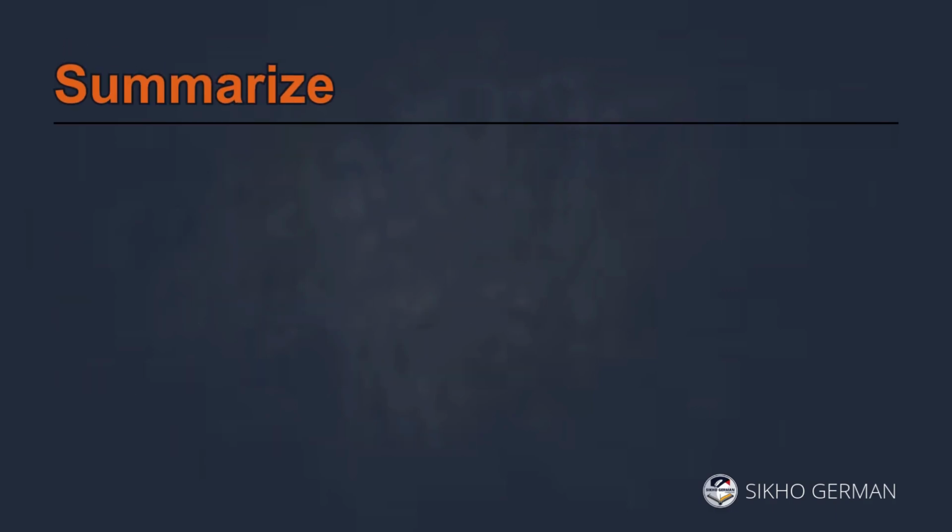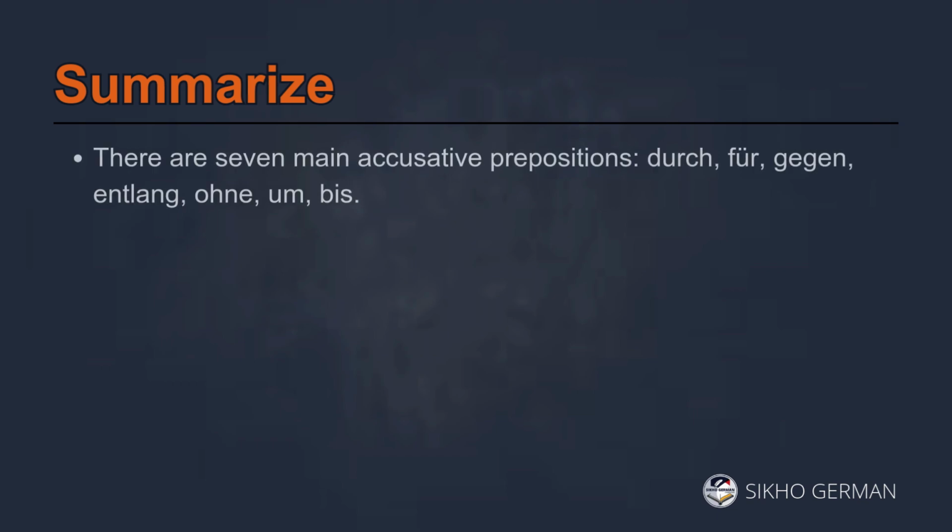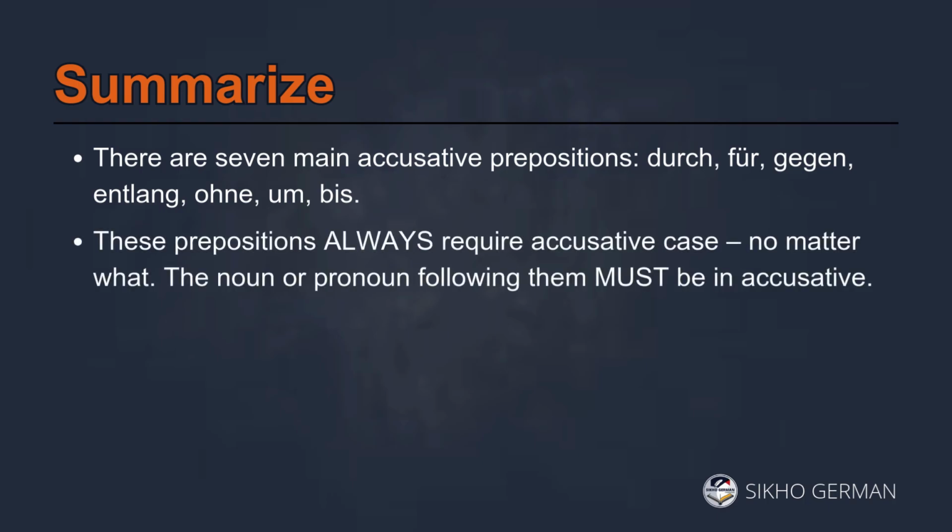Let me summarize the key points about accusative prepositions. First, there are 7 main accusative prepositions: durch, für, gegen, entlang, ohne, um, bis. Memorize these. Second, these prepositions always require the accusative case, no matter what. The noun or pronoun following them must be in the accusative.